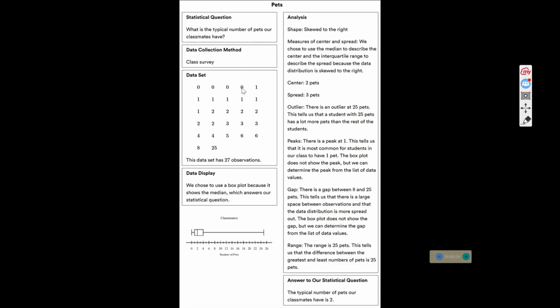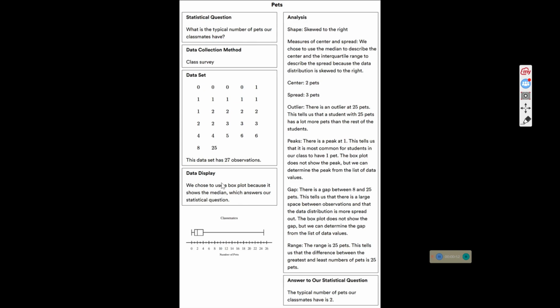So some students had 0 pets, some students had 1 pet, 2 pets, 3 pets, 4, 5, 6, 8, and 25. Maybe this person's counting fish or chickens, for a total of 27 observations. If you were doing a class survey, in my class, our class sizes are not 27, so it would be however many students are in your class.